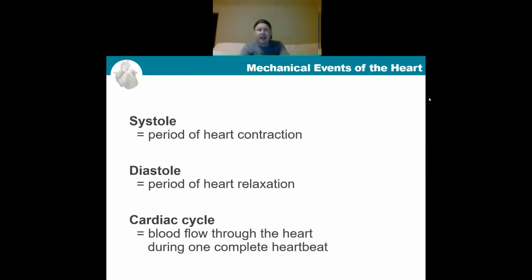The next thing that I have about heart physiology is two terms that I want you to know. They are really quite basic, but quite useful for us to know. So when the heart is contracted, we talk about the heart being in systole. Or we can talk about atrial contraction, so we talk about atrial systole.